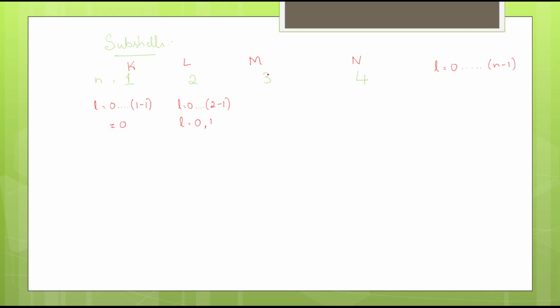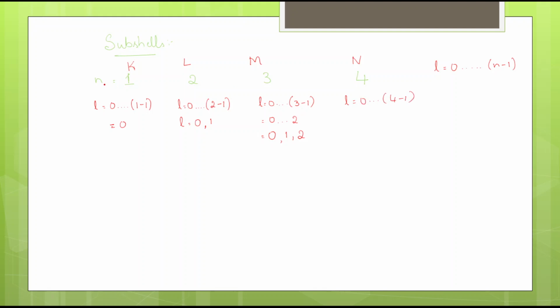So 0 and 1. Here the L value is from 0 to 3 minus 1. 3 minus 1 is 2, so 0 to 2. 0 to 2 means which values do we get? 0, 1 and 2. Clear? Now the L value is 0 to 4 minus 1.